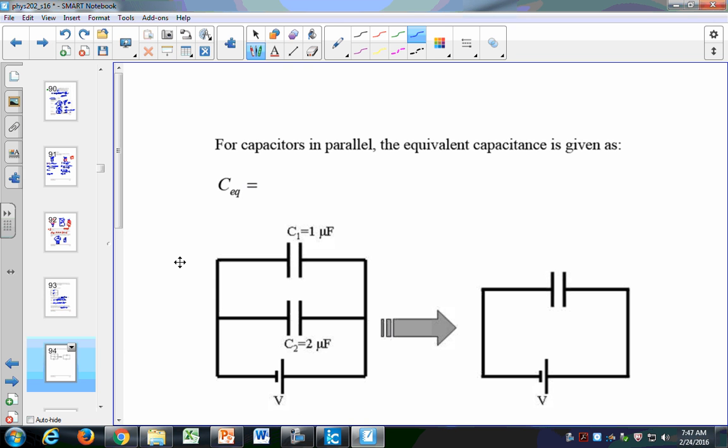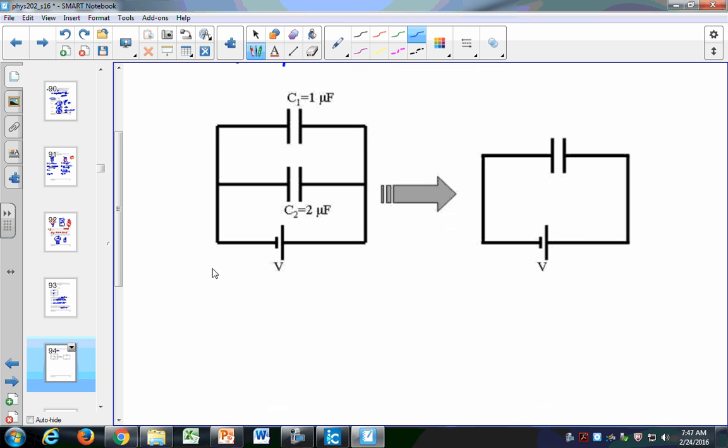And for capacitors in parallel, this equivalent capacitance is given as C1 plus C2 plus however many capacitors you have. So over here, my equivalent capacitance will equal C1 plus C2, 1 plus 2 microfarads, which is equal to 3 microfarads.